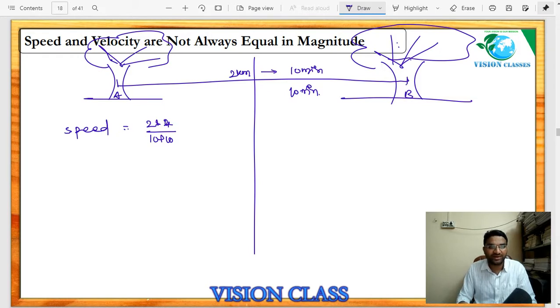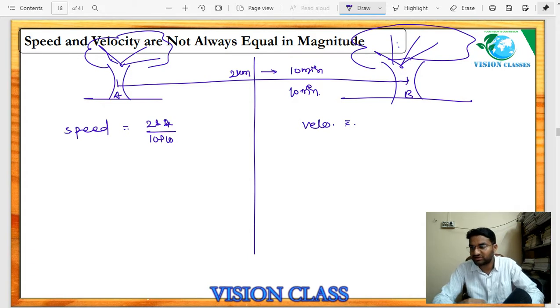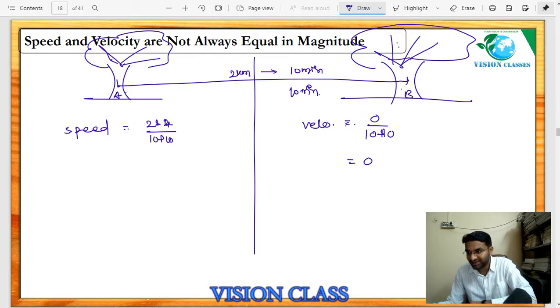And in the case of velocity, velocity is displacement over time. Displacement means the shortest distance between the initial point and the final point. Here the person moved from tree A to B and again came back from B to A, so his initial and final points are the same. So displacement is 0 over 10 plus 10, which means his velocity is 0.